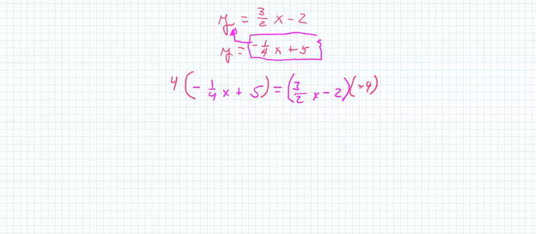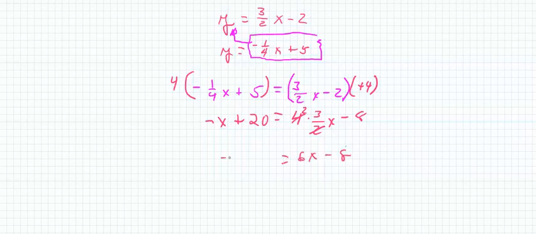Distribute, I get -x plus 20 equals 4 times 3/2 x minus 4 times 2, which is 8. 2 goes into here, and we end up with 6x minus 8 and -x plus 20.